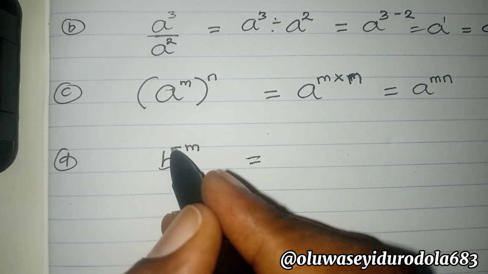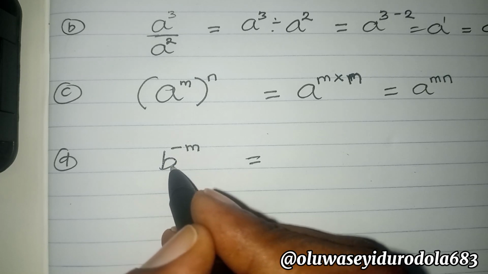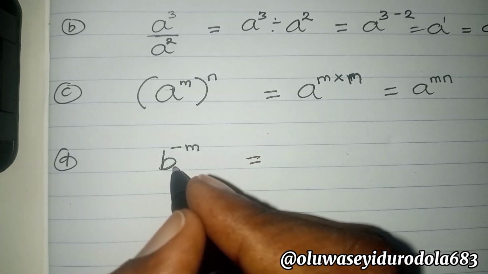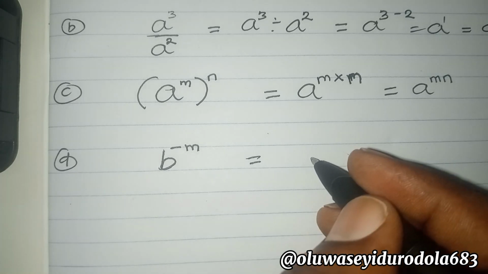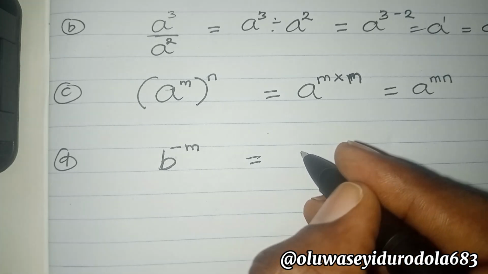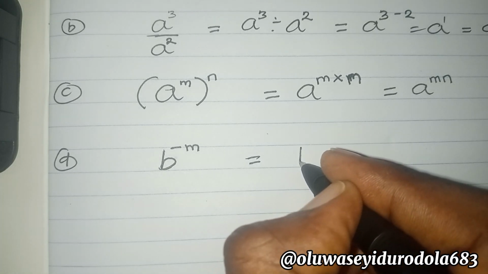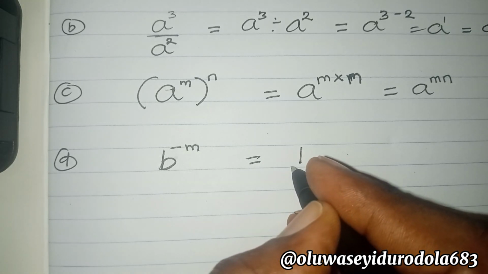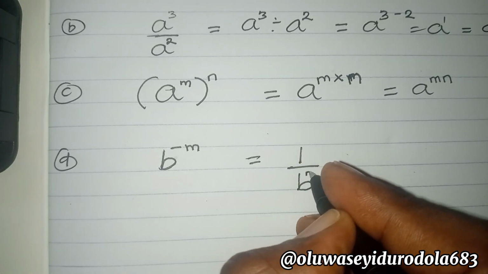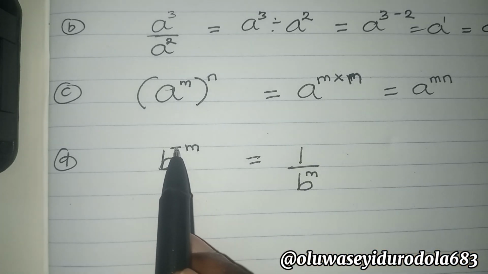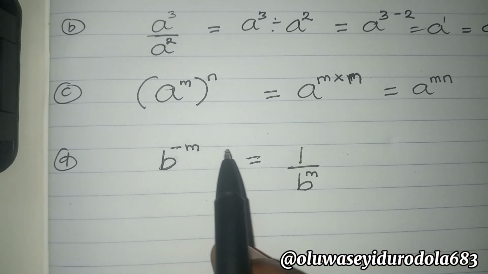This minus becomes the reciprocal of b. This is what I mean. The reciprocal means it is 1 over b raised to the power m. This minus here has become 1.